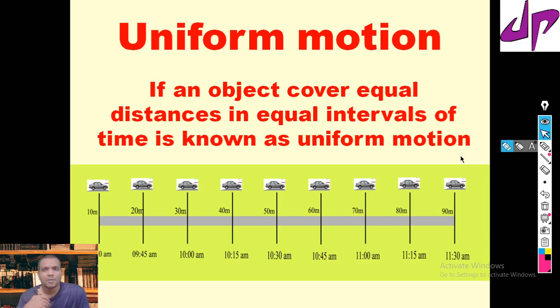So that is the best example for uniform motion. So finally, we can define it as: if an object covers equal distances in equal intervals of time, we can say the object is moving in uniform motion.